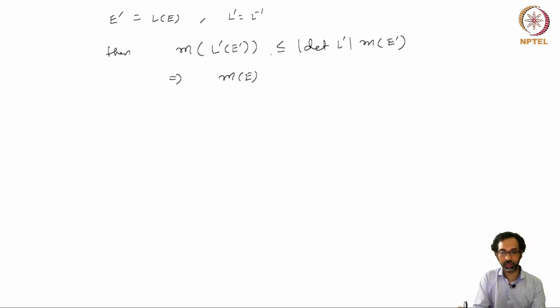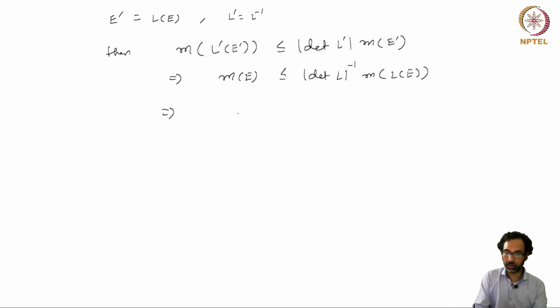The left hand side is simply E, since L prime E prime is simply E, and this is the determinant of L inverse, and the right hand side is m of LE.